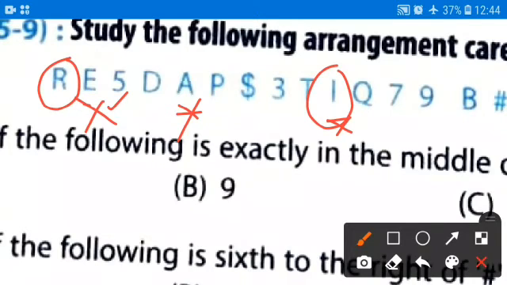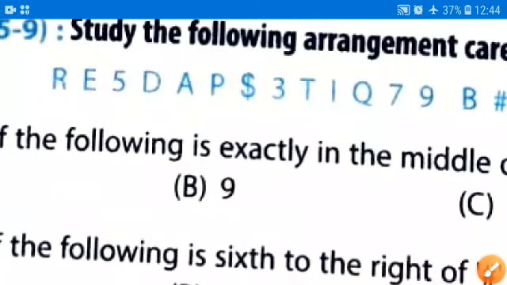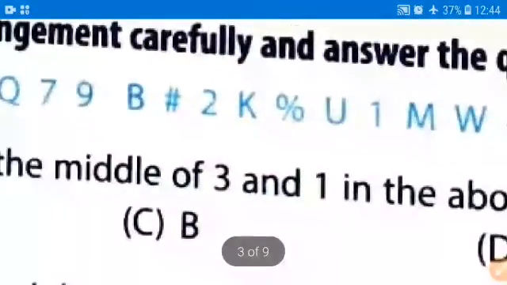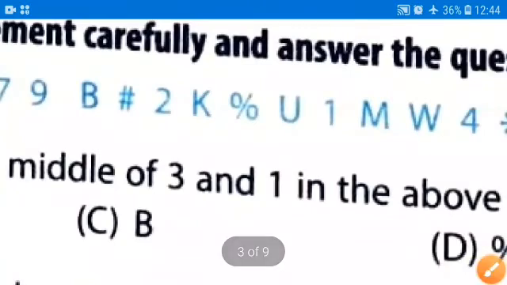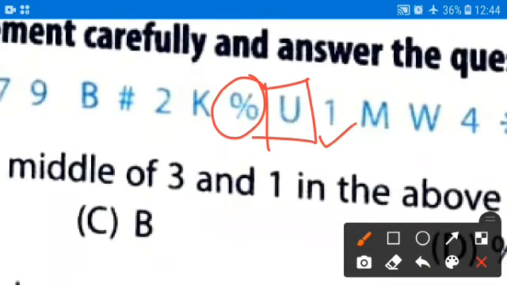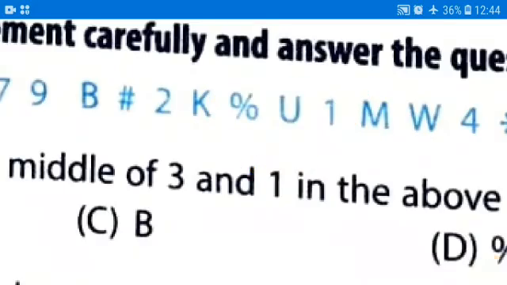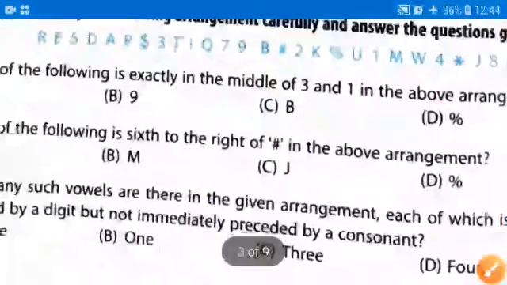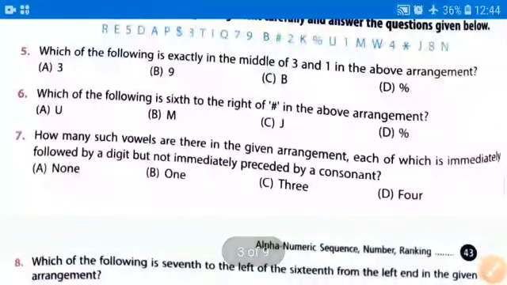I, we cannot take this I also. Next one will be this U. This U is followed by a digit and is not preceded by a consonant, it is a symbol. So this U will be the only option we have. So the correct option will be option B.